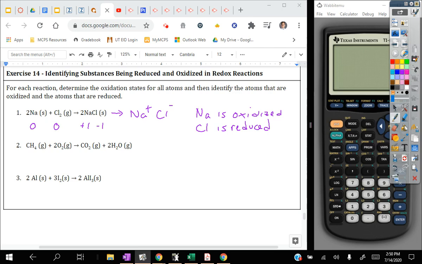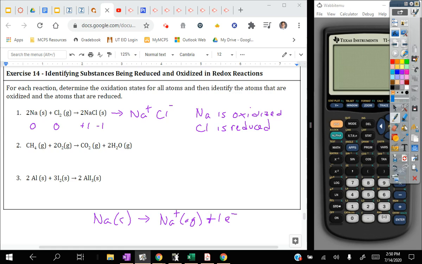Now, what we'll get to in the electrochemistry unit is a discussion of half reactions. Quite literally, what is happening here is that sodium is losing an electron, so its products are Na+ and then 1 mole of electrons, e-. The e- is a product, meaning it is being lost or given off.